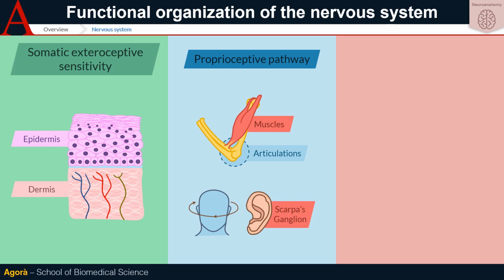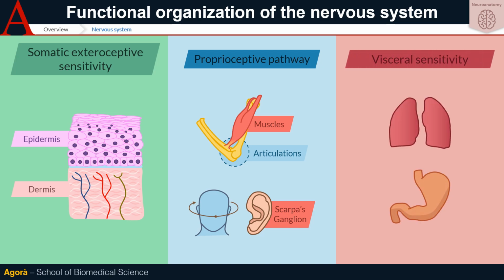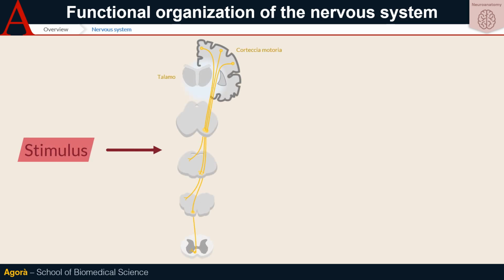This sensitivity is perceived by the vestibular cochlear nerve, or Scarpa's ganglion, which is placed in the inner ear. The last type of sensitivity is the visceral one, which affects the internal organs. All these stimuli are transported by the ascending tracts, then the responses are given by the descending tracts, which regulate muscle contraction.